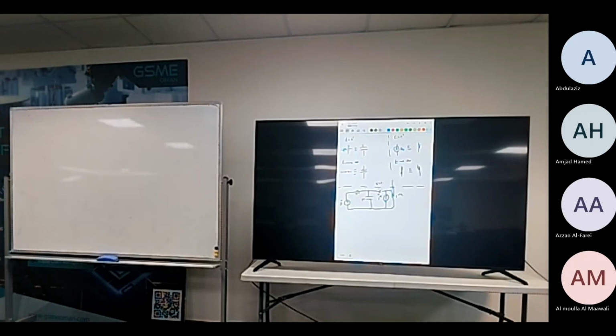Okay. How can we find the voltage of the capacitor? Is that a first order circuit or second? That's first order. Why? Because we have only one capacitor and all the rest are resistive.